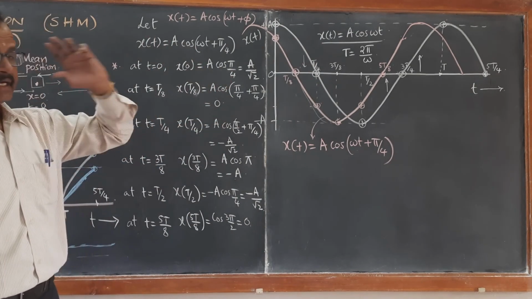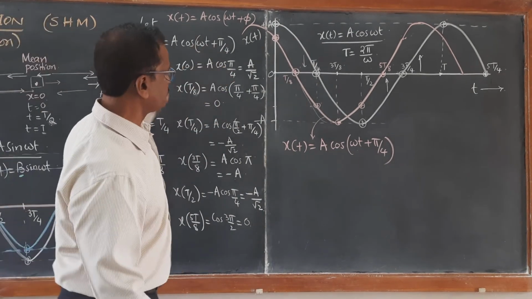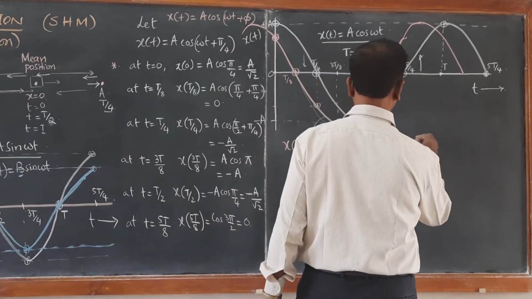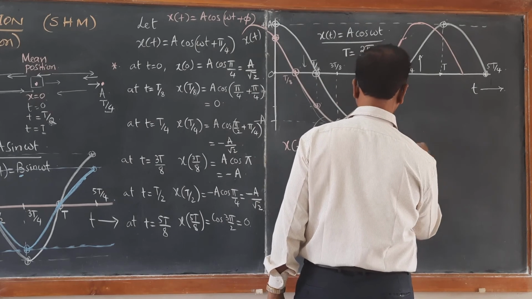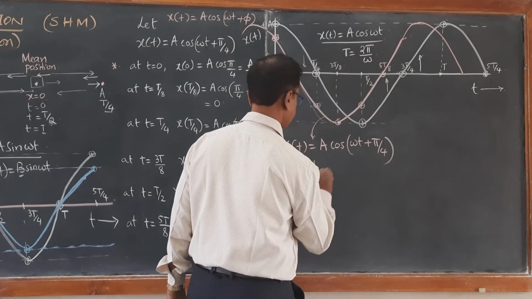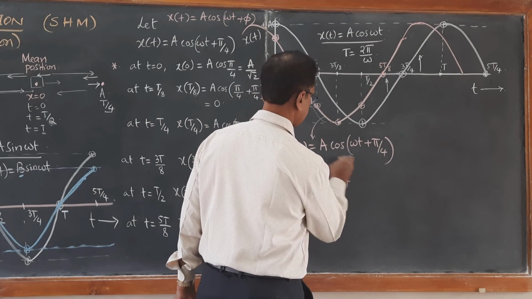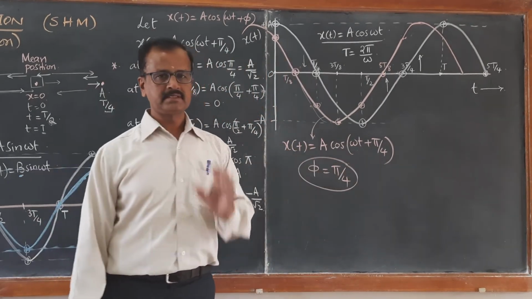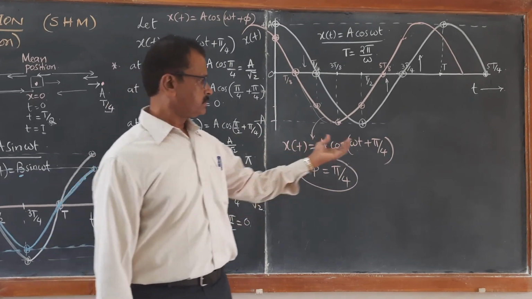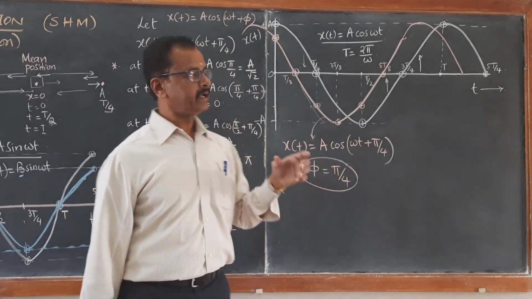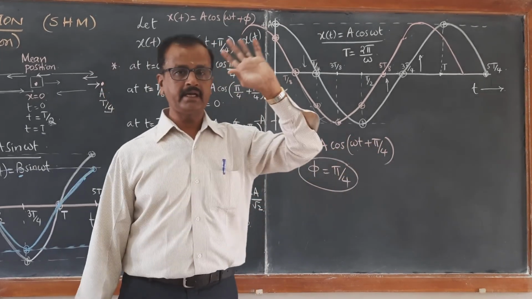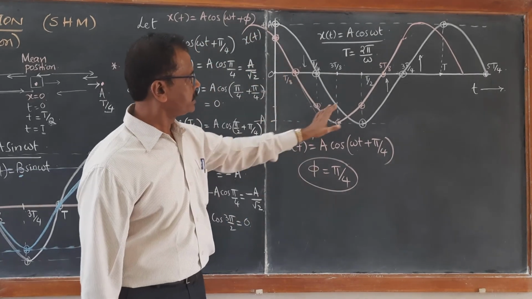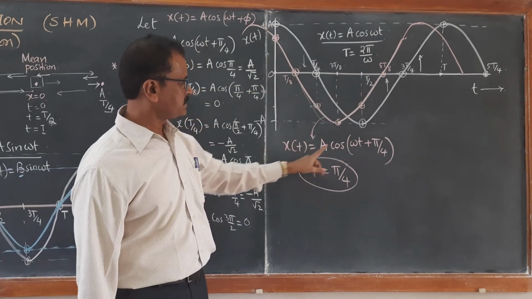It is leading ahead of the graph of A cos omega t. So the phase here is pi by 4. Now I think you have understood the meaning of phase, the state of vibration. Phase phi is the initial state at time t equal to 0. So this graph which I have drawn is representing this.